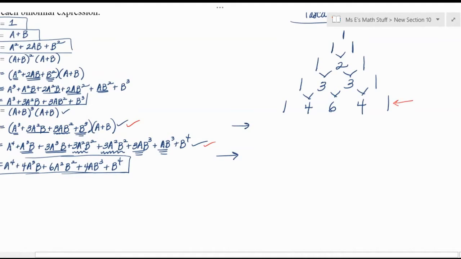And if you count the rows, this is actually 1, 2, 3, 4. That's the fifth row in Pascal's triangle. However, I prefer to think of it as the fourth degree row.